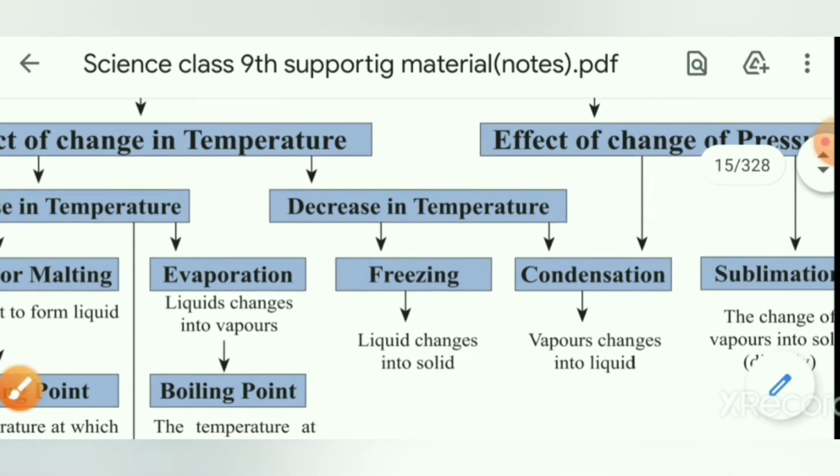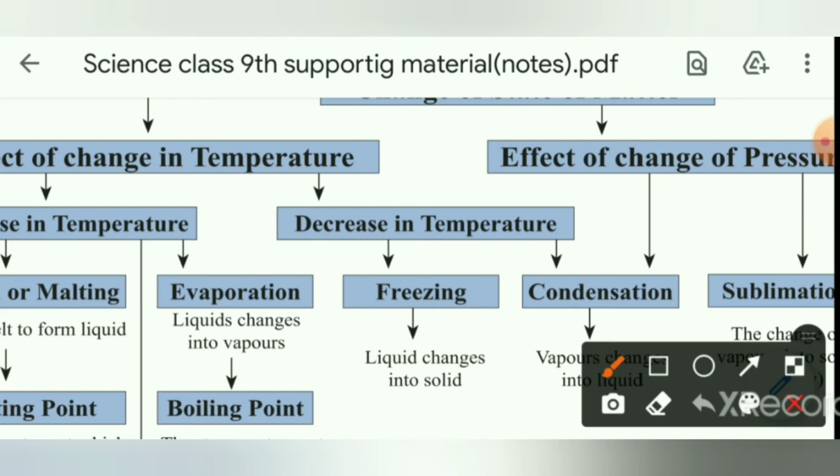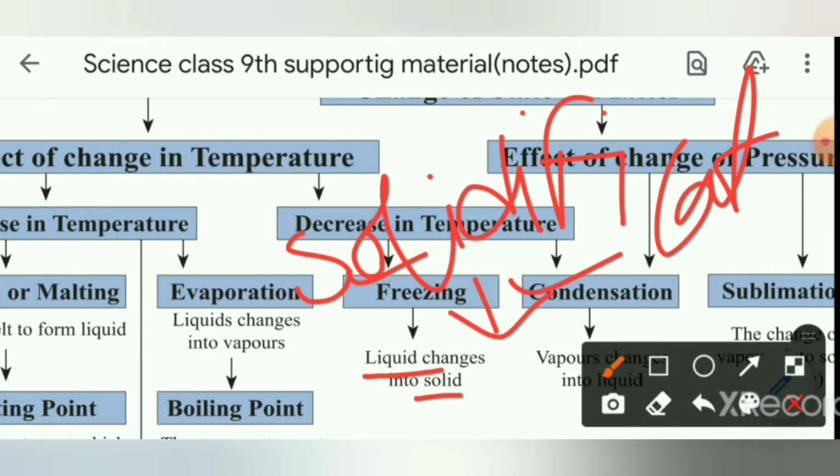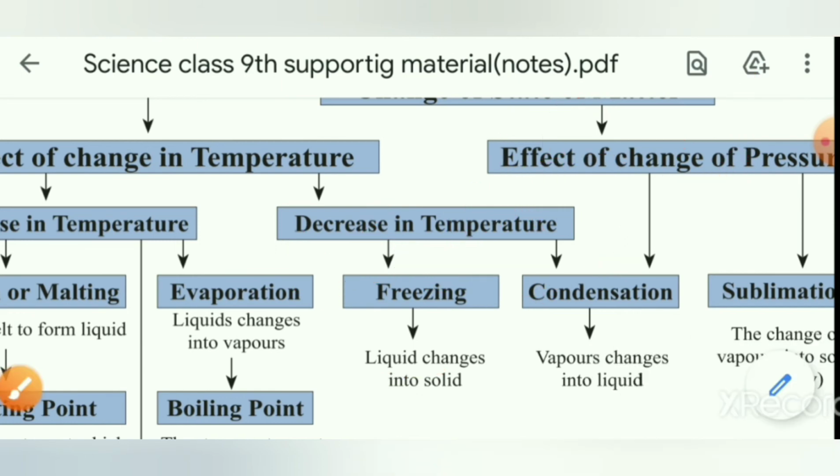Then if we decrease the temperature, freezing and condensation occur. Freezing is also known as solidification. Freezing: liquid changes into solid. The process due to which a liquid changes into solid by giving out heat energy, or cooling down, is known as freezing or solidification.